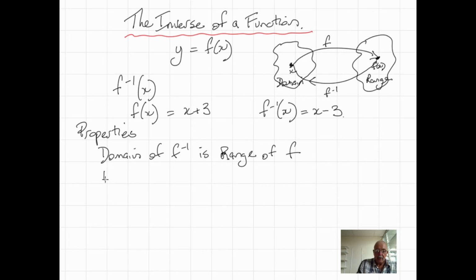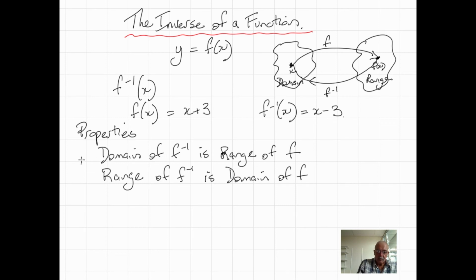And the range of f inverse is the domain of f. As you can see up there, here is my starting point for the inverse, and that's simply the range of f of x, and so on.